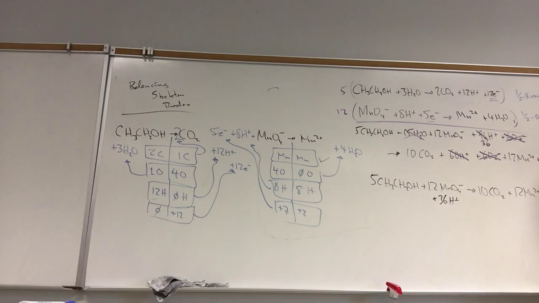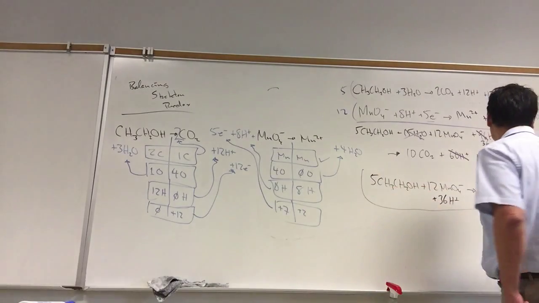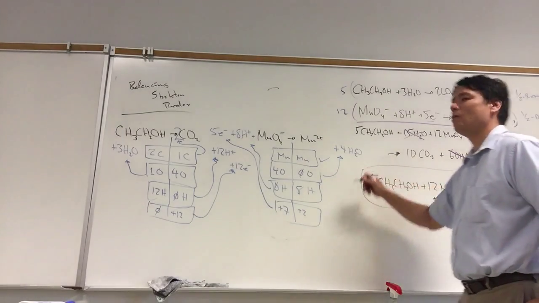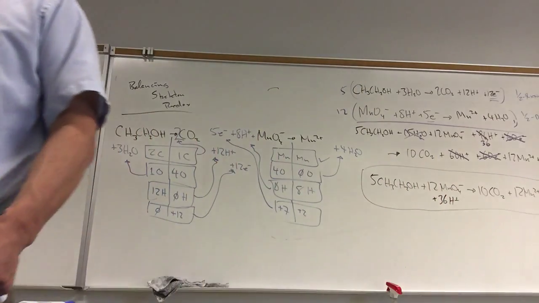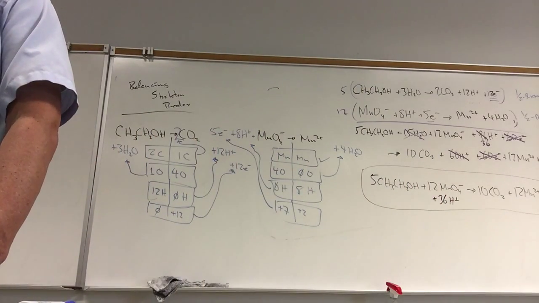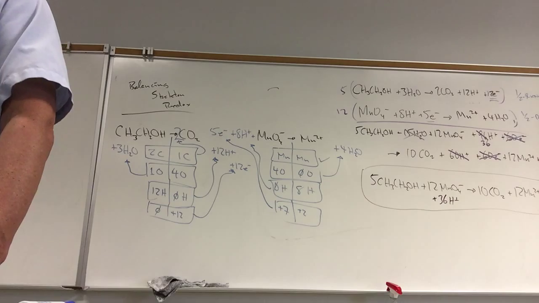So this is it. All right, this is pretty much what you did in Chem 4, right? You might have had to do something else. This is for acidic or neutral solutions. You might have had to convert it to basic solutions. Did you have to do that by adding hydroxide to both sides? Yeah.